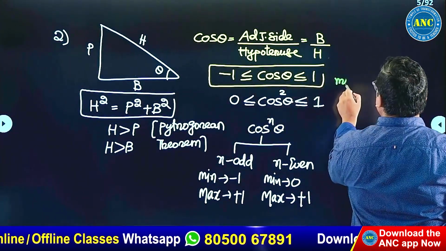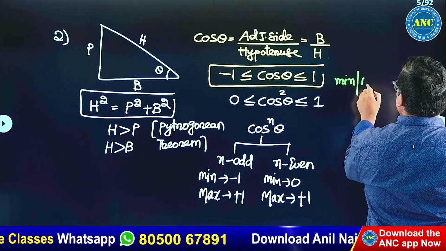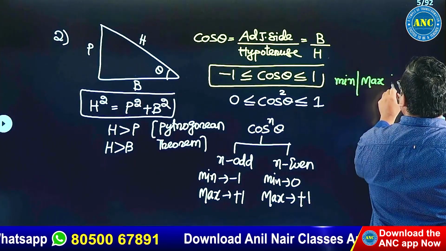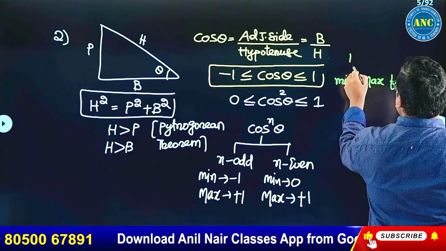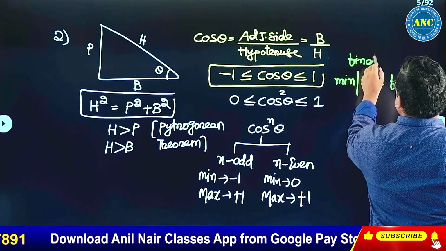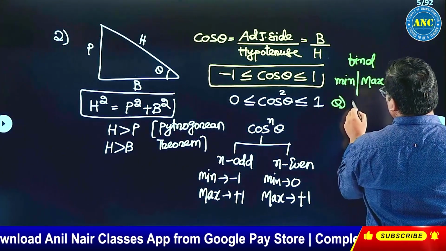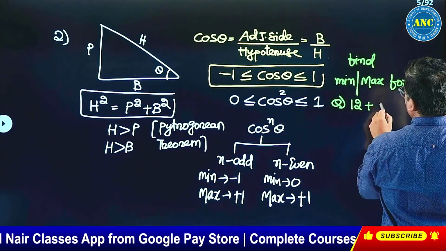Find the minima and maxima for 12 plus cos theta.